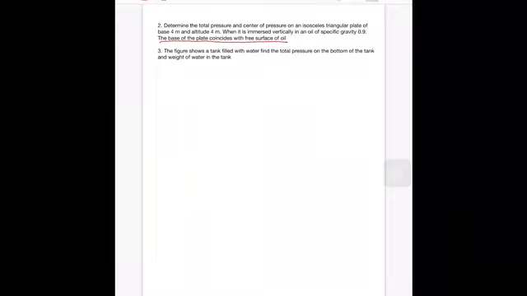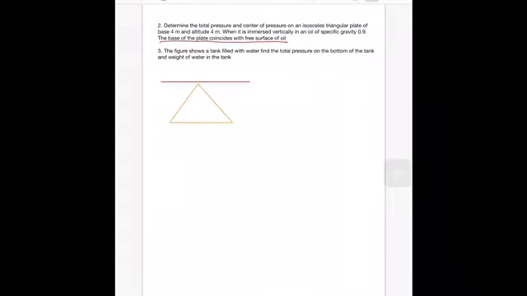So when you draw the figure like this is the free surface, and if you draw the figure like this, the condition will not be satisfied. The base of the plate coincides with the free surface. This is not the base, this is actually the apex. So base happens to be the bottom part.